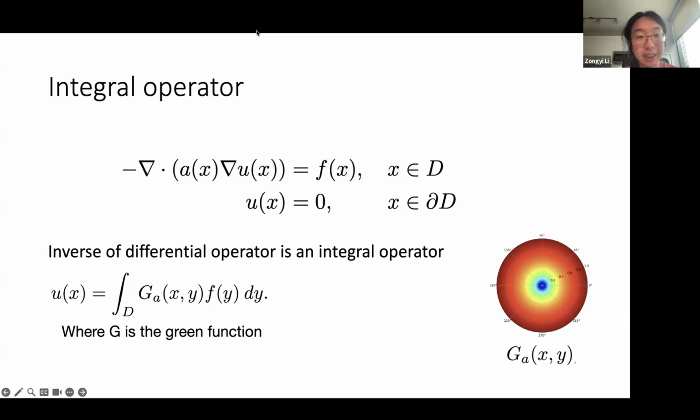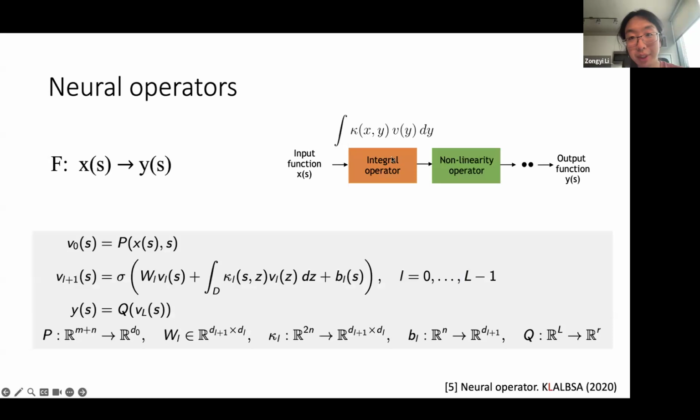Only linear PDEs can be represented in this way, right? Because the inverse of a linear PDE is a linear integral operator. But the key is that even if each component learns a linear transform, when we compose it with nonlinearity and have a deep operator, it can be used to approximate nonlinear solution operators for nonlinear PDEs.